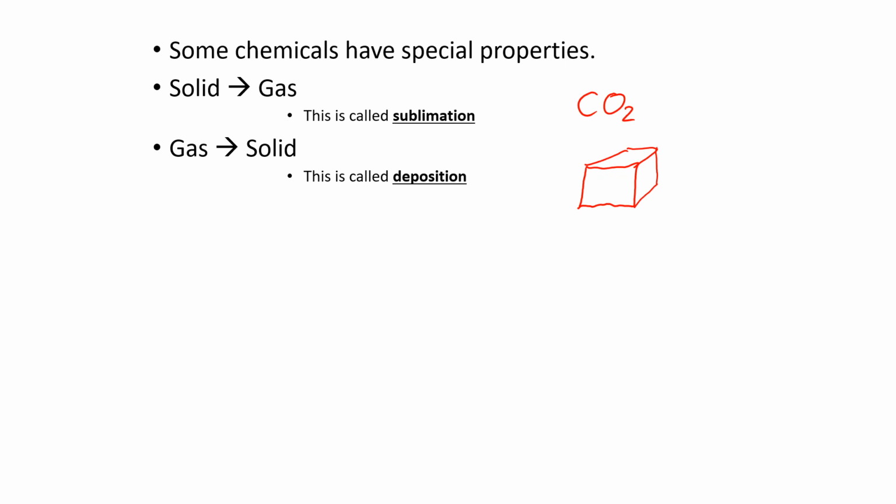But caffeine doesn't actually have a liquid state at room temperature. You can make it if you put it under a lot of pressure in a special pressurized tank. You can get a liquid state of caffeine, but under normal circumstances, caffeine will not have a liquid state.